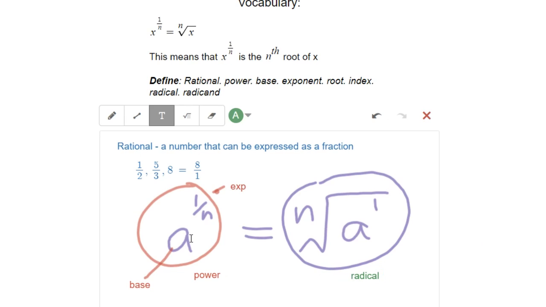The base, which was our a, we call this the radicand. And the denominator of the exponent, it's now placed here, and this is called the index.